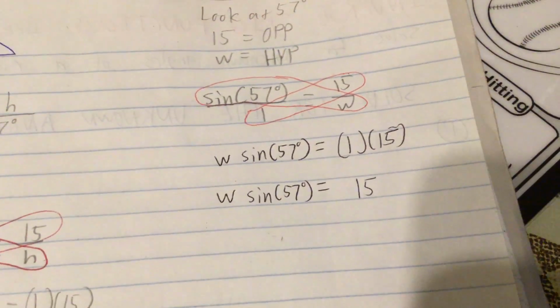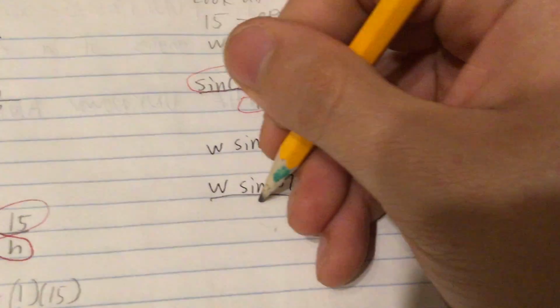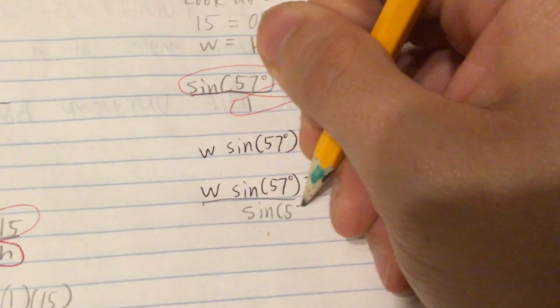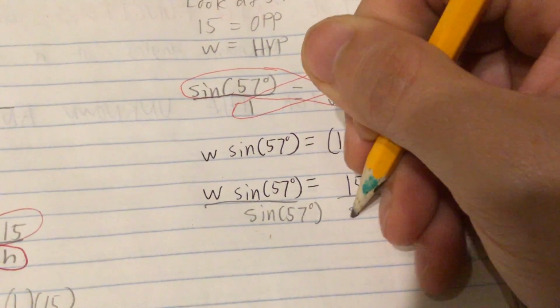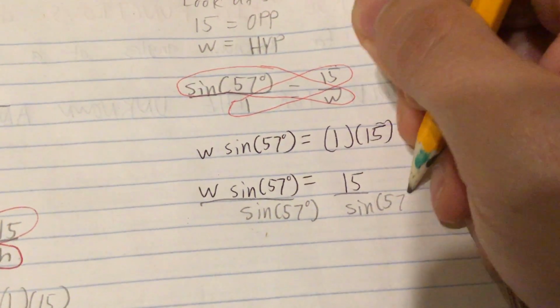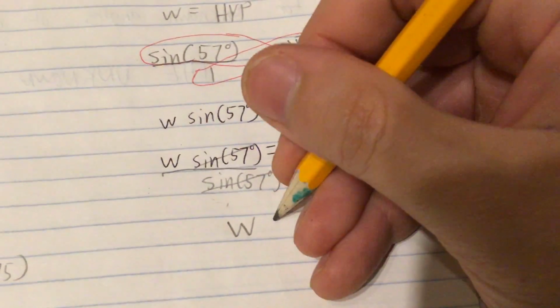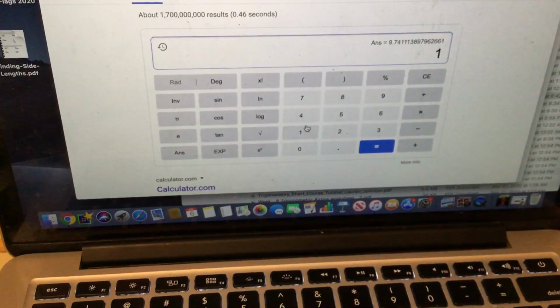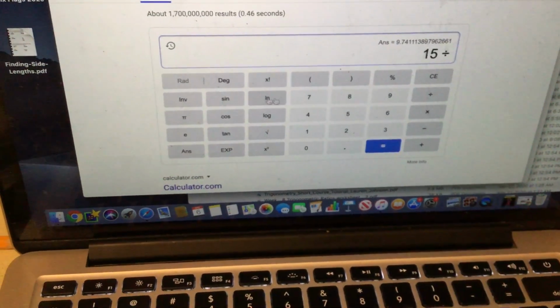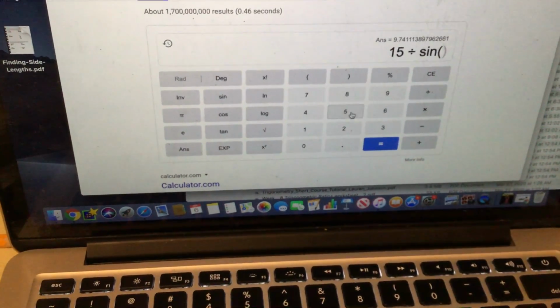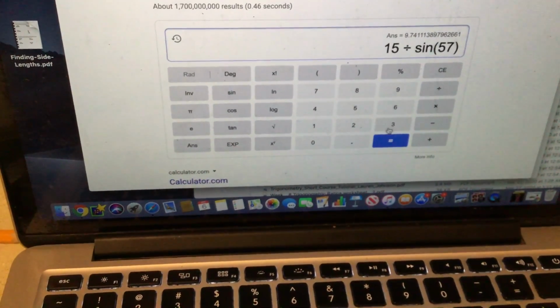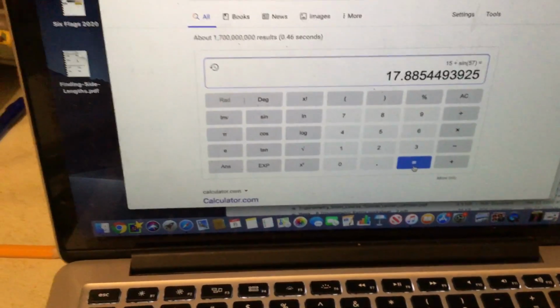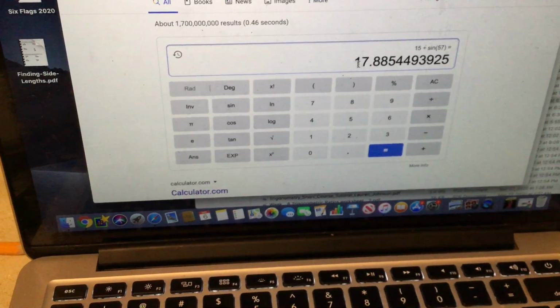I'm going to divide both sides of the equation by the sine of 57 degrees, and I'm going to round to the nearest 3 decimal places. So W is approximately what? 15 divided by the sine of 57 degrees. So that'd be 17.8854.